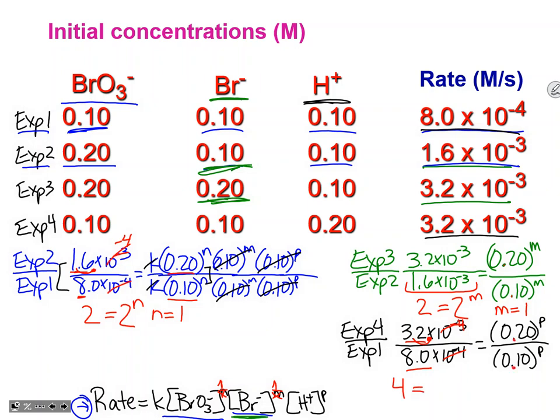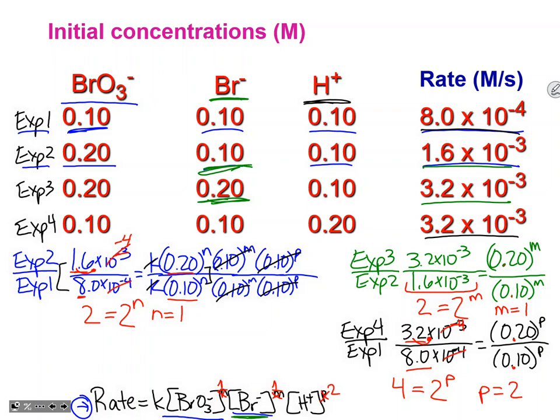0.2 divided by 0.1 again is 2. So in this case, what is the value of the exponent for the p there? It's going to be a 2. So p is going to be 2 here. So this order of the reactant is now a 2. So we have first order for bromate, first order for bromide, and second order for hydrogen.